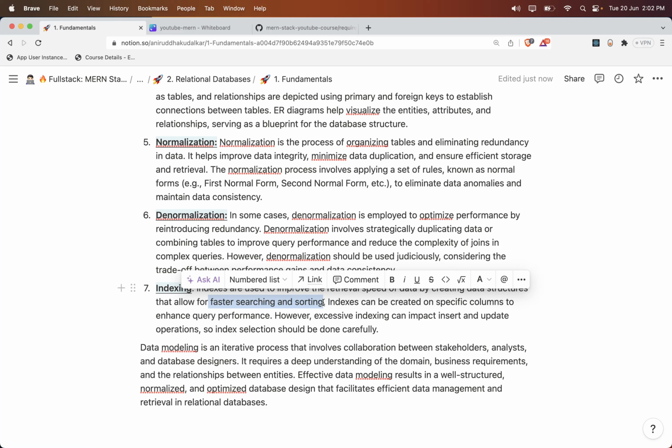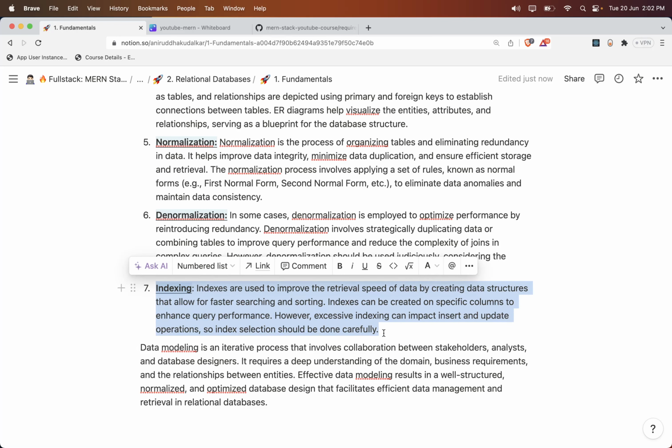Generally employees are searched by employee name and employee ID, so you will create the index. Index is a special data structure which allows you to search and sort faster. Don't worry, we are going to see this practically. We have a practical on this. Now, too much indexing is very bad.